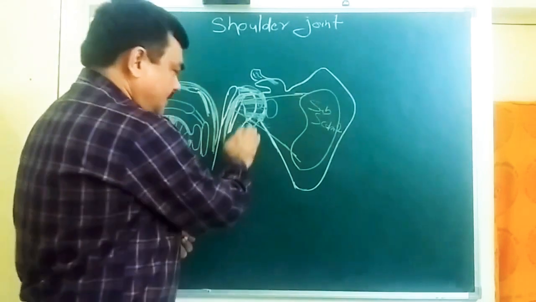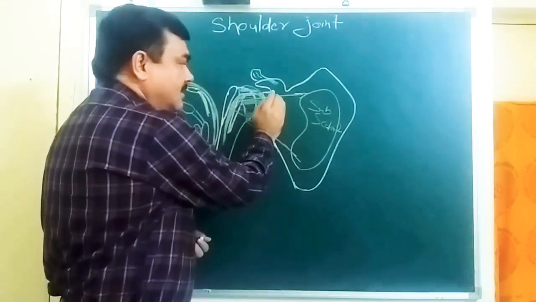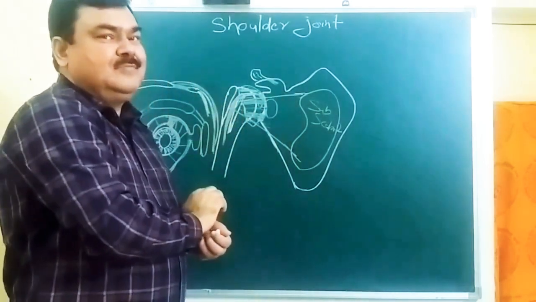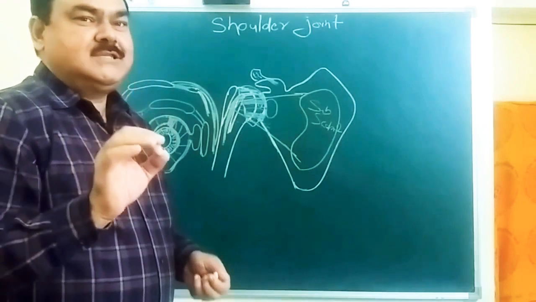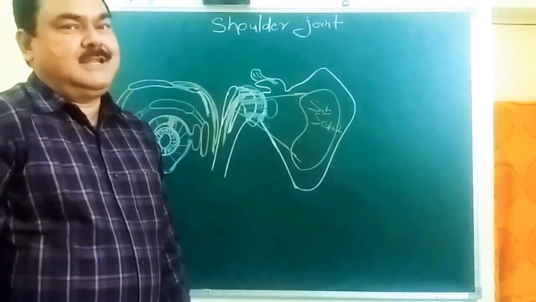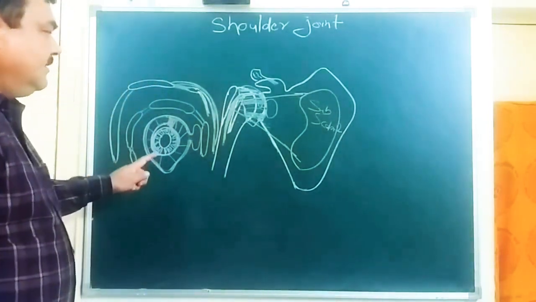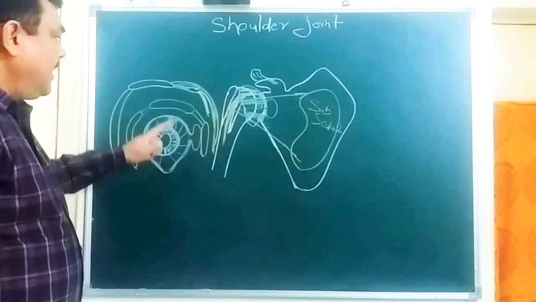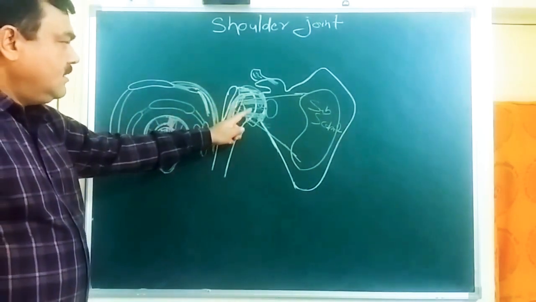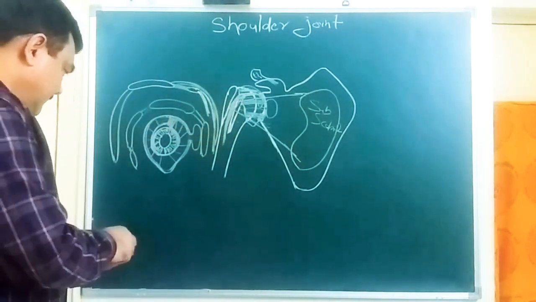After reaching below this, it again may ascend upward anteriorly or posteriorly. But initial dislocation is infraglenoid dislocation. So this is the arrangement of the shoulder joint and its structure.